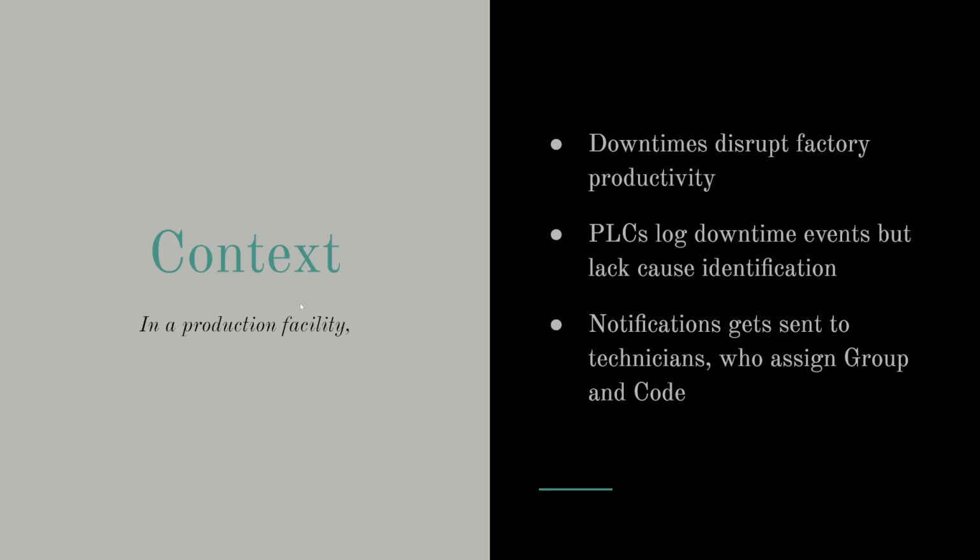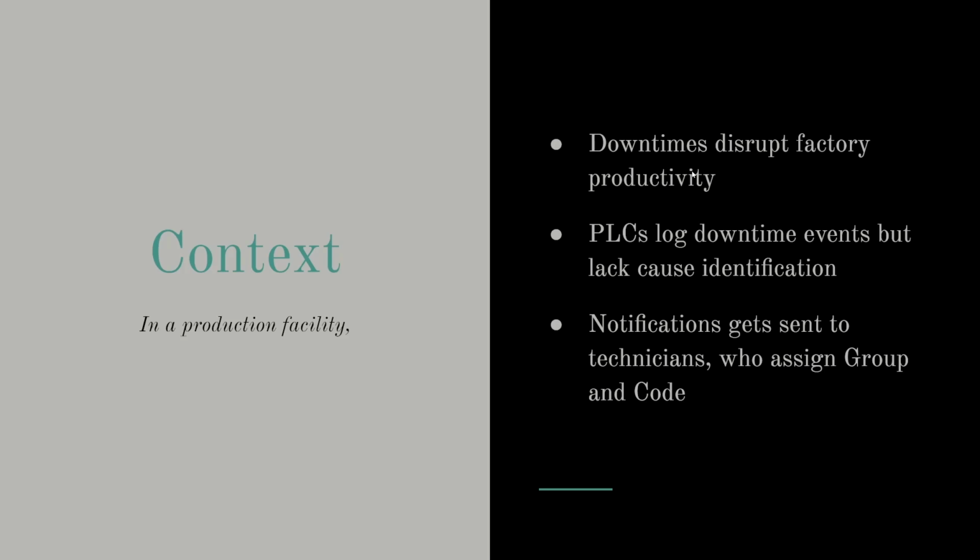So we are imagining in a production facility there are production downtimes, and downtimes basically means when there is no production ongoing, and during a downtime it disrupts the factory productivity.